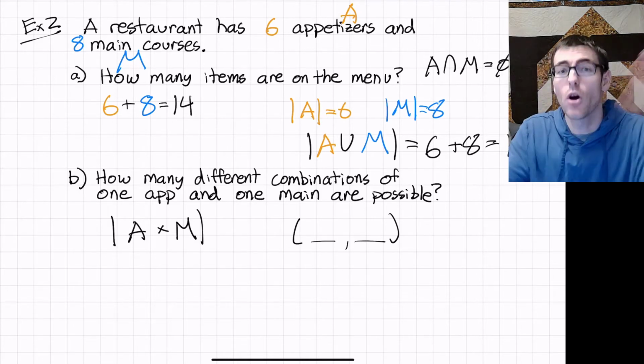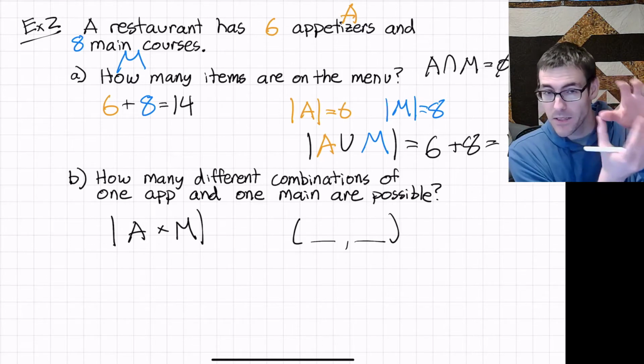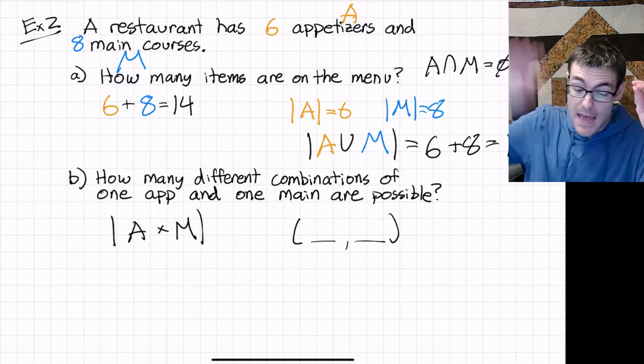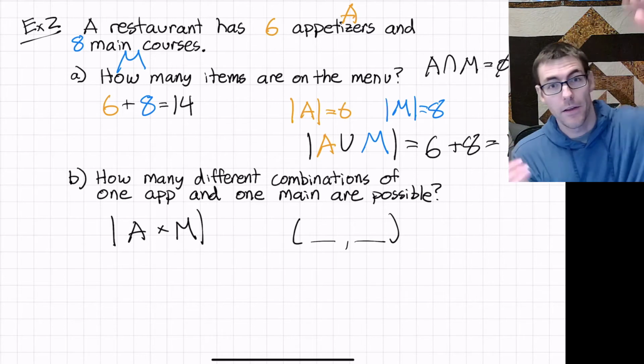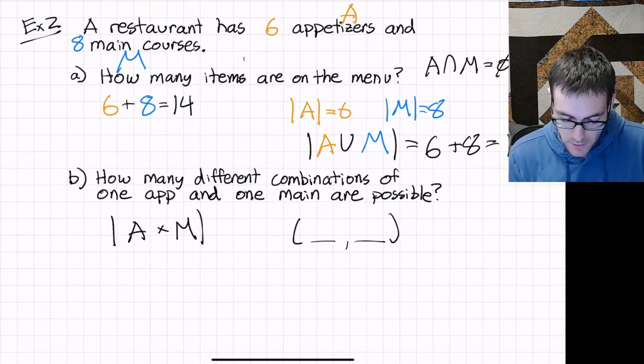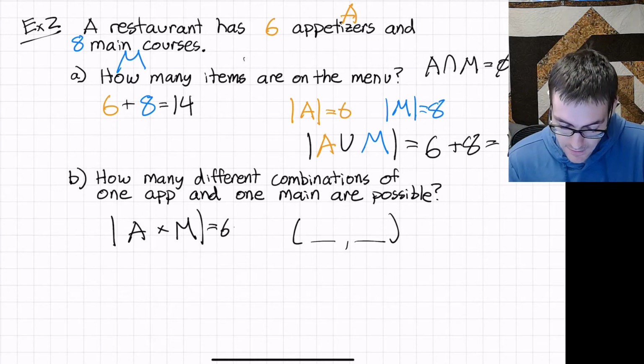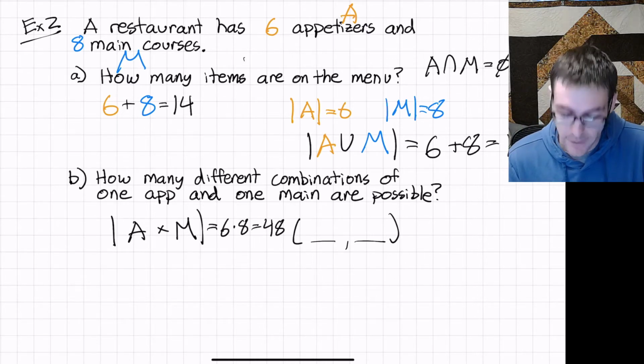How many total options do we have? Well, for each appetizer, we have 8 mains to choose from, and there are 6 appetizers. Therefore, the total number of combinations of one of each is 6 times 8, or 48.